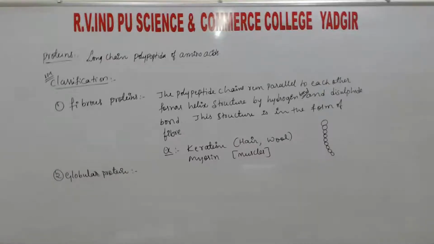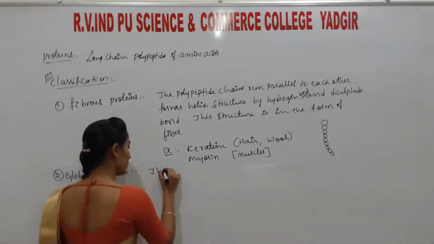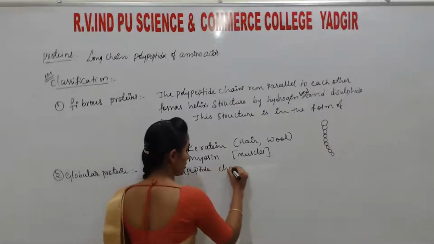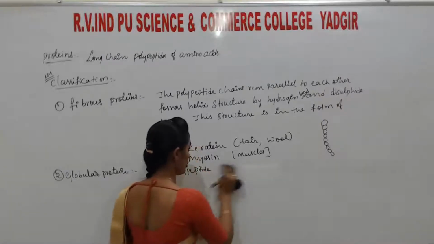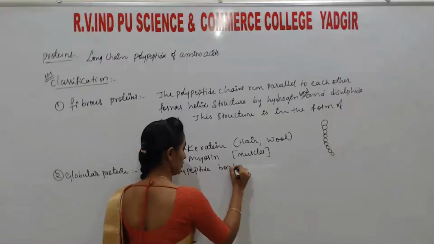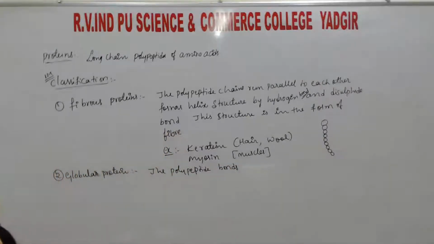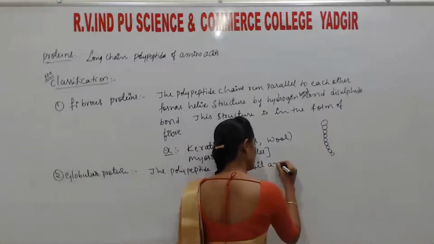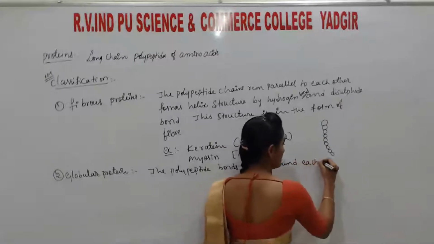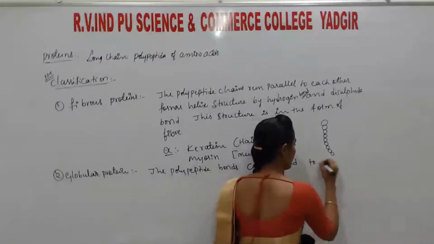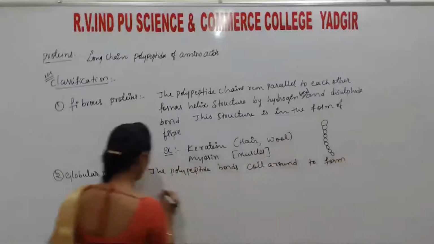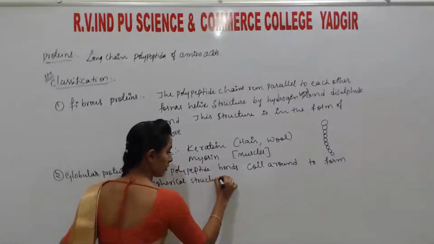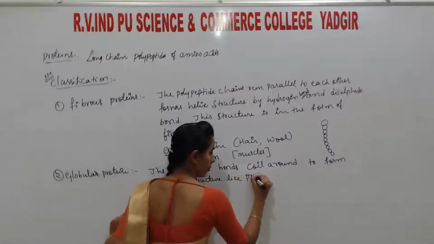The polypeptide bonds in the protein are coiled around to form a spherical structure like proteins.